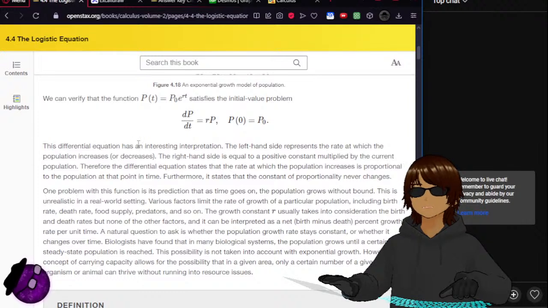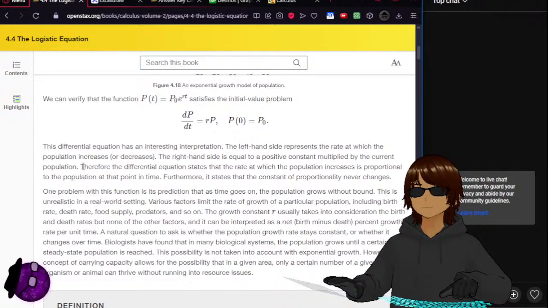This differential equation has an interesting interpretation. The left-hand side represents the rate at which the population increases or decreases. The right-hand side is equal to a positive constant multiplied by the current population.